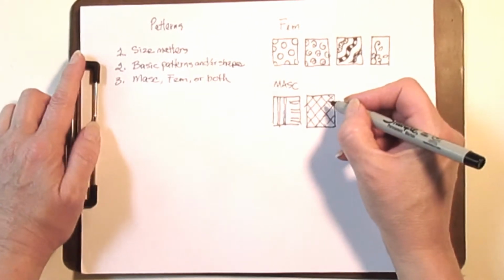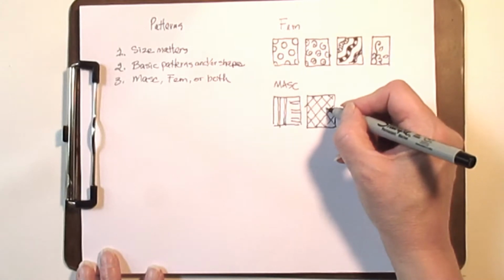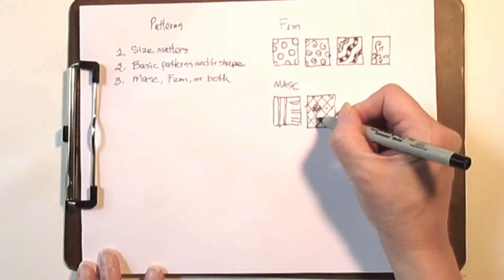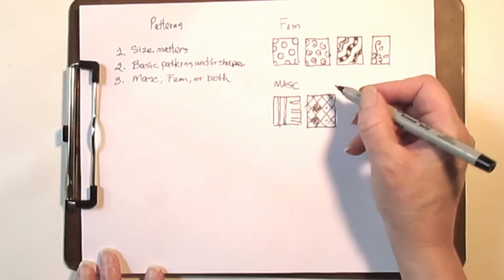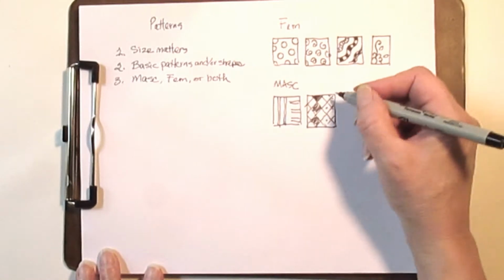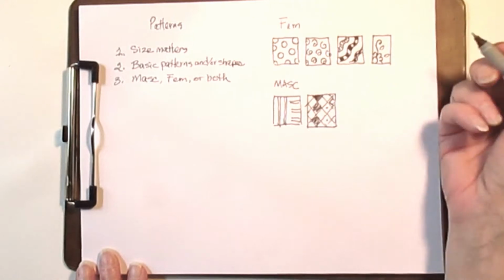And then inside of the checkerboard, if you want to, you can create little dots, or you could make them solids, or you can do all different kinds of things inside of these little squares, or diamond shapes, whichever.